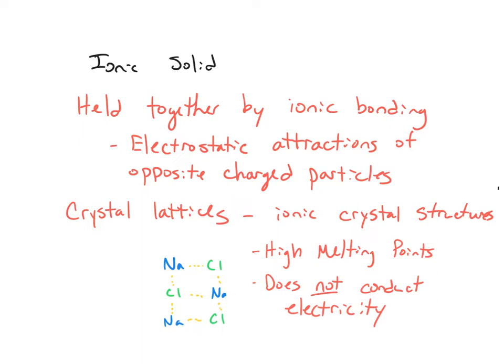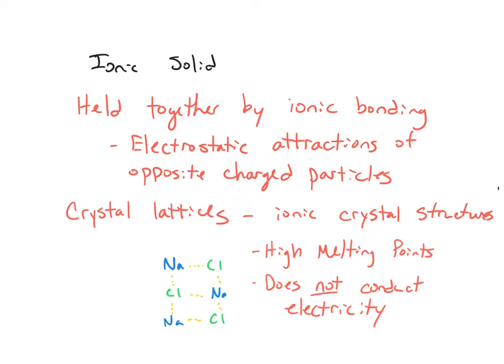Sodium is holding on to its electrons, chlorine is holding on to its electrons, and there's no ability to conduct electricity between the 2 ions because there's no touching or overlapping at all. In order for electricity to flow, the electrons need to be able to jump between the particles or travel over a bridge, so to speak, and so ionic solids just don't allow for electrons to travel.